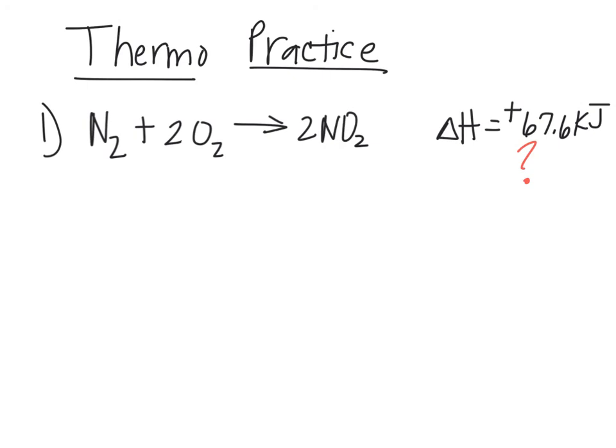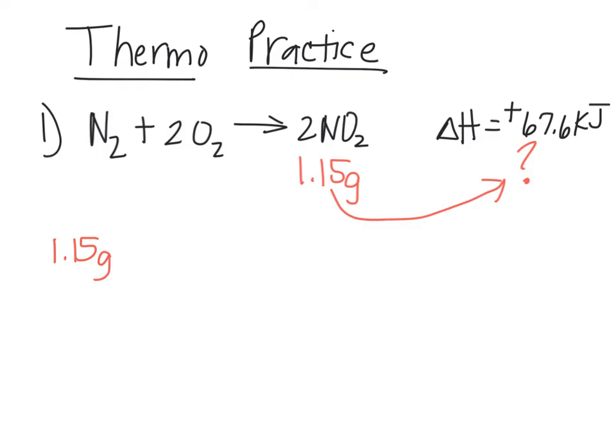So this is 1.15 grams of NO2. Then we're going to draw our arrow going from the number towards the question mark. So yes, look, we can do stoichiometry with these thermochemical equations, and I'm going to show you how we can do that.